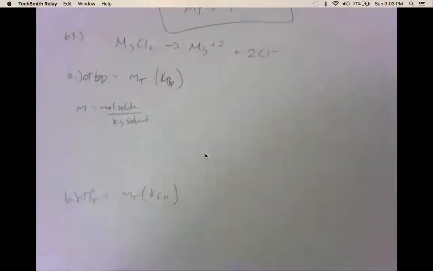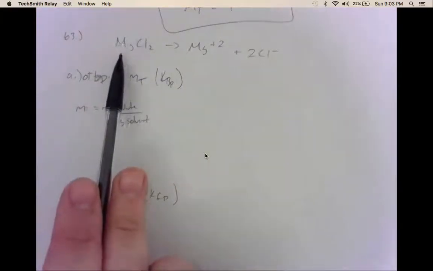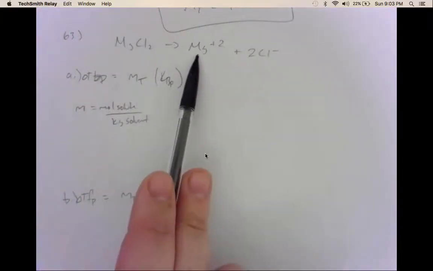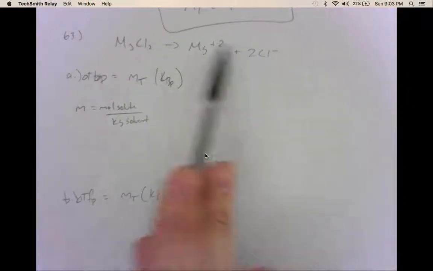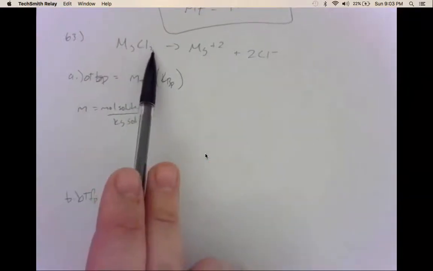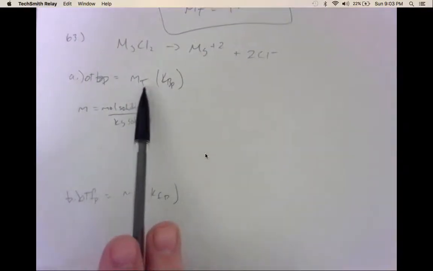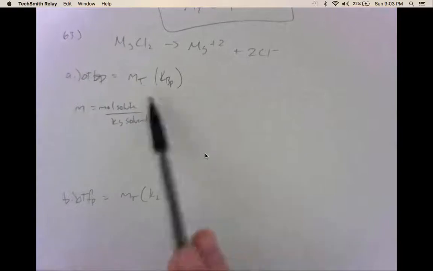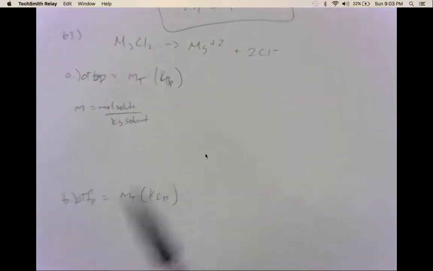So to start this problem, remember magnesium chloride is ionic. So when it breaks up, it will break up into magnesium with a positive 2 charge and chlorine with a negative 1 charge. We need to put this 2 in front right here because we have 2 chlorines in magnesium chloride. So the first thing to calculate is MT. We need to calculate MT, and you can use it for both A and B. You don't need to calculate KBP or KFP.